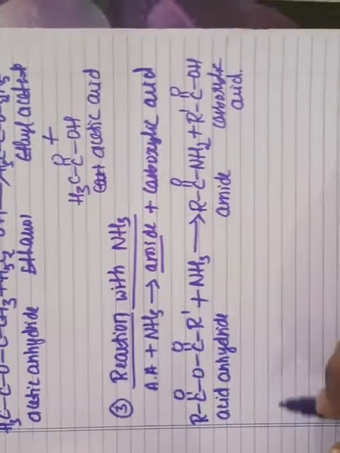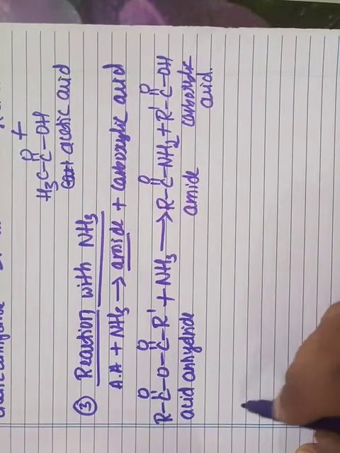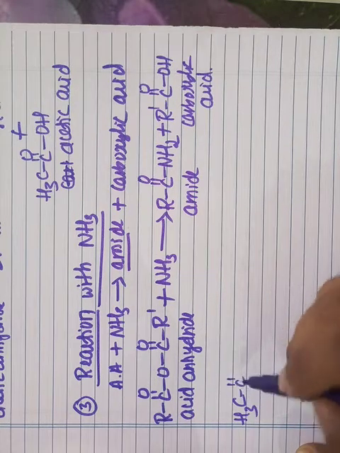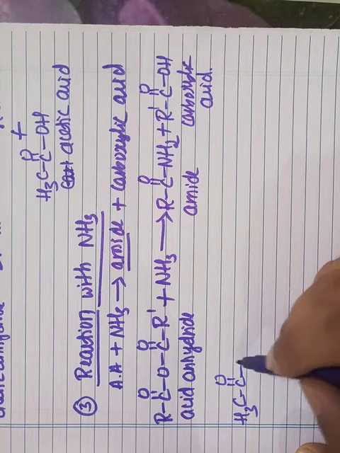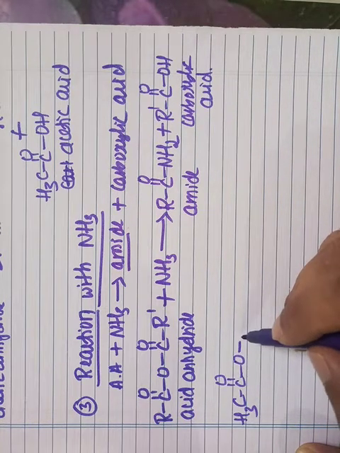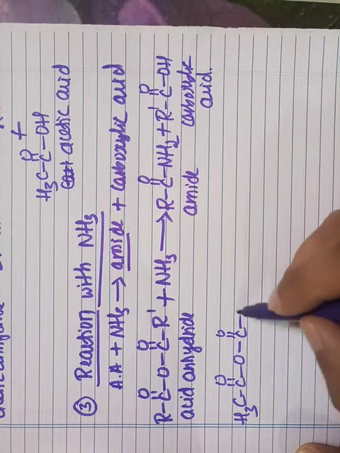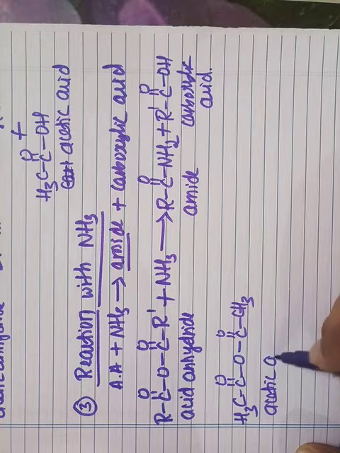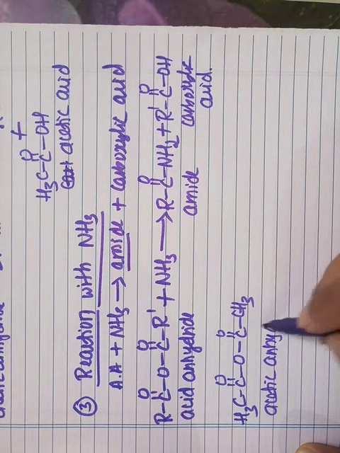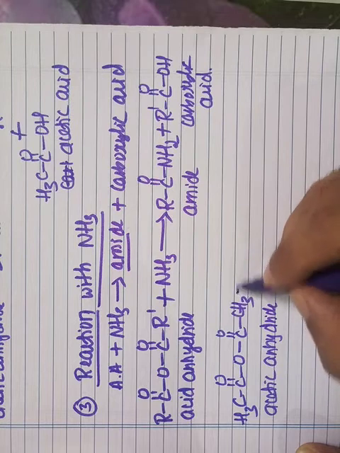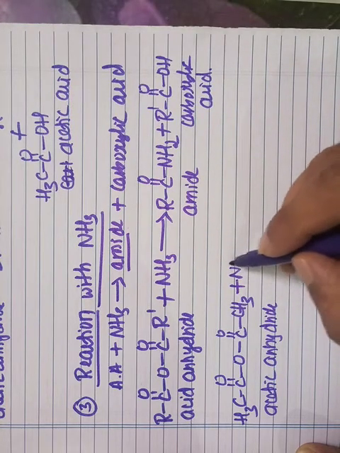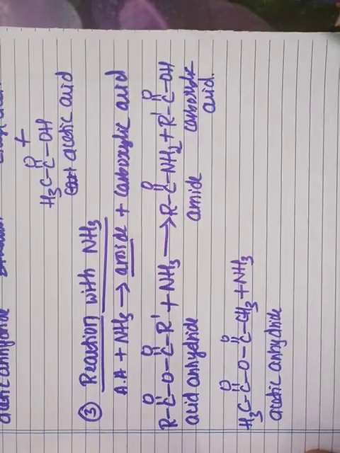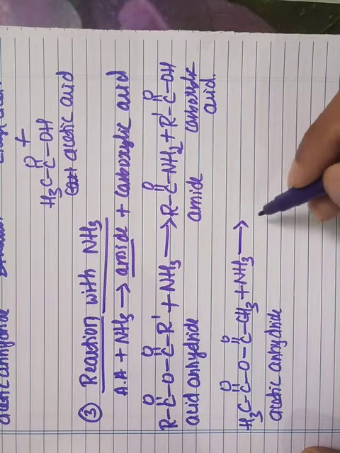Okay. So let us write an example. Let us consider the example of acetic anhydride. So this is acetic anhydride. When acetic anhydride is made to react with ammonia, let us see the products formed.